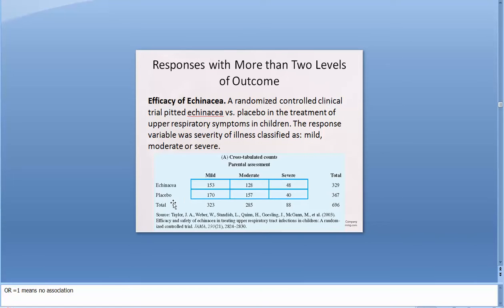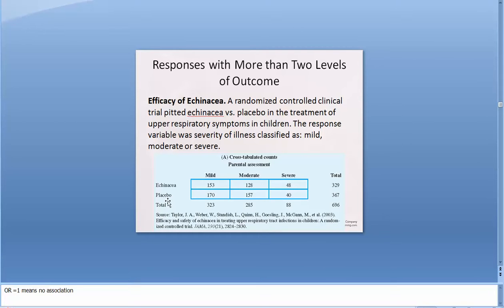Okay, so here's another example. In here, the treatment, this medicine, I really cannot pronounce it. This is a treatment for upper respiratory symptoms in children. Okay, so this data is coming from comparing the treatment versus placebo.